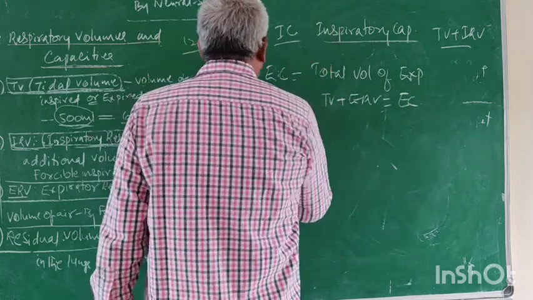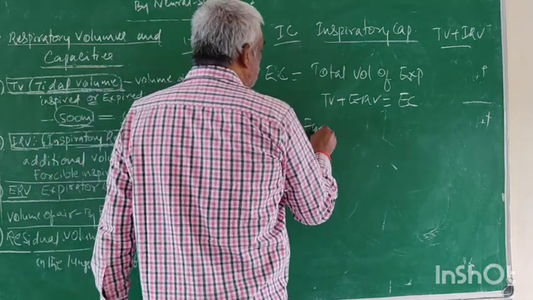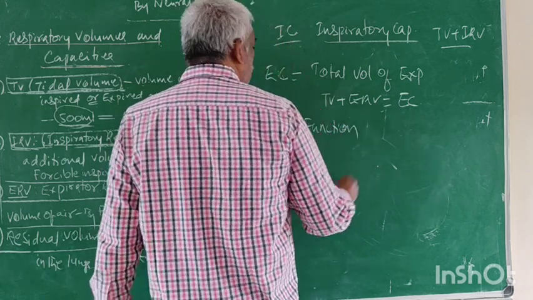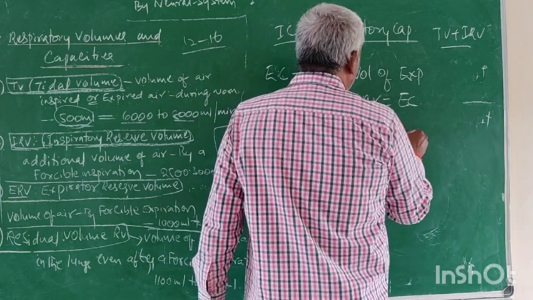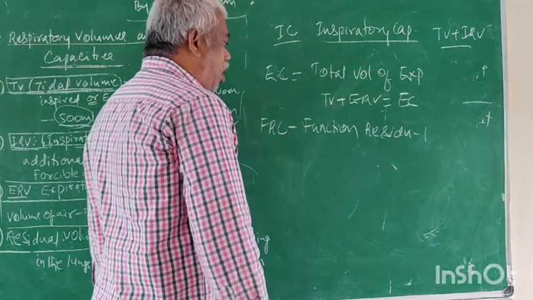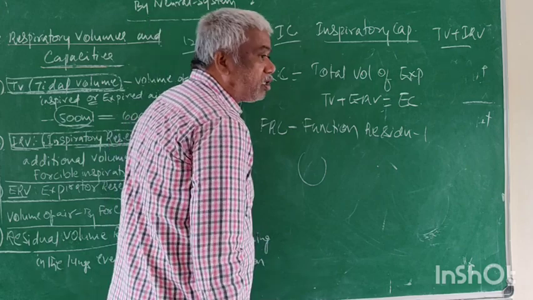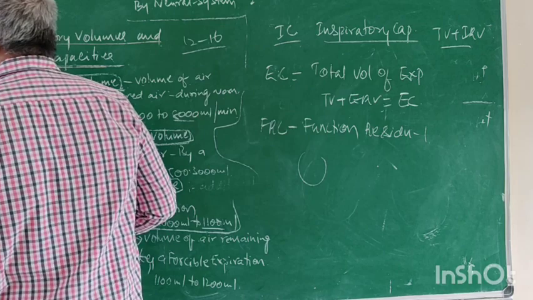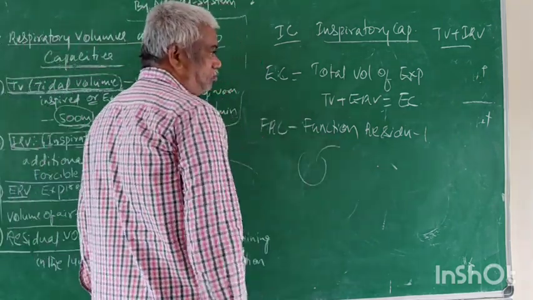Now come to the FRC, functional residual capacity. The amount of air that remains in the lungs after normal expiration.